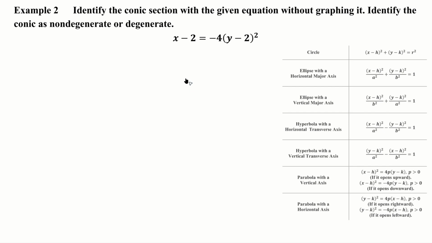Okay, so as we move on, some of them will be easier to determine from the general standpoint, and some from the standard standpoint. So notice with this one, as you recall, this is very much close to this form, so we'll go ahead and show that it can easily be put into that form. Notice that if we just solve for y minus 2 squared, we get -1/4 times x minus 2, which is this form right here.